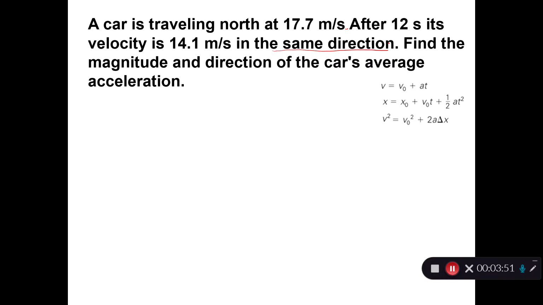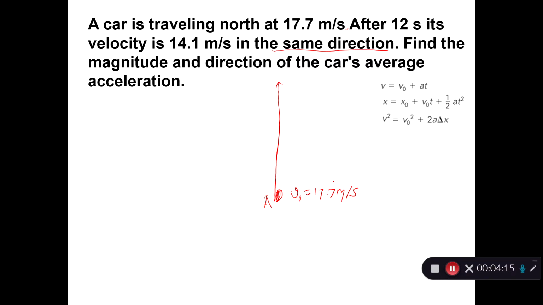For the first step, you have to draw the sketch. So I took north as the up direction. The car is traveling north, somewhere over here at point A. Initially its velocity is v naught, which is 17.7 meters per second as given, and it is traveling north.